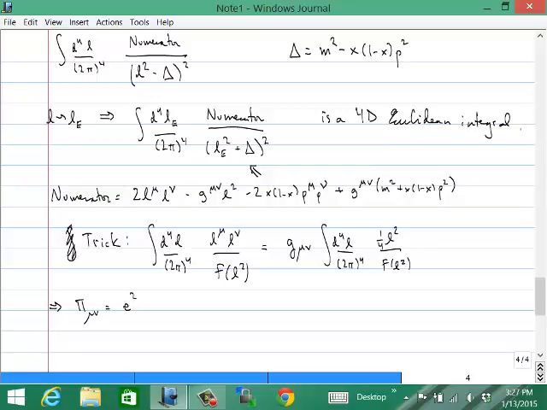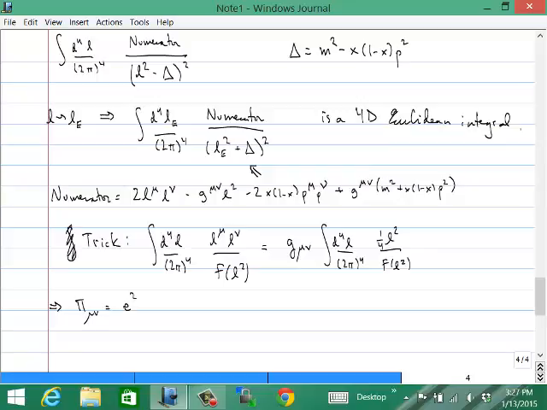So for example, the fact that the denominator here depends on delta, which is a scalar, means that you can't construct it out of the vector p mu, because delta only depends on p squared. If this denominator were more complicated and it depended on the vector p mu, then there could be another term allowed by Lorentz invariance, which would be p mu p nu.